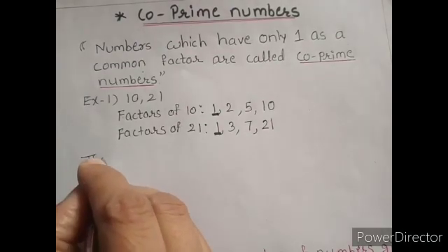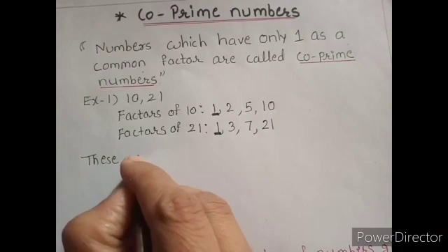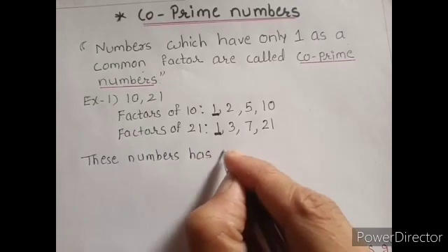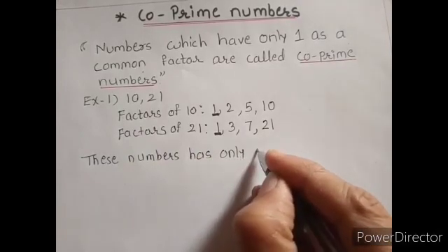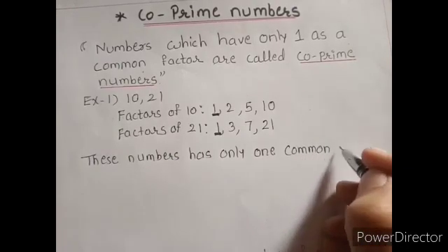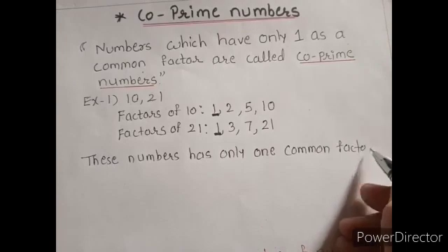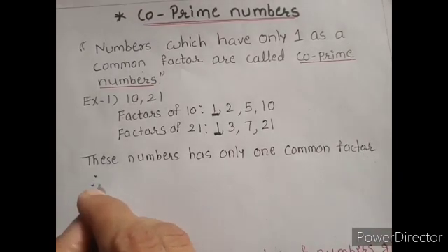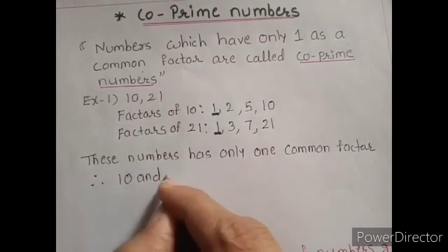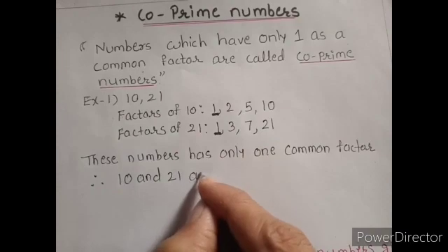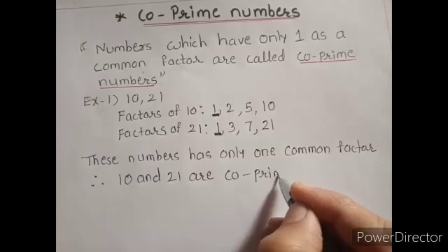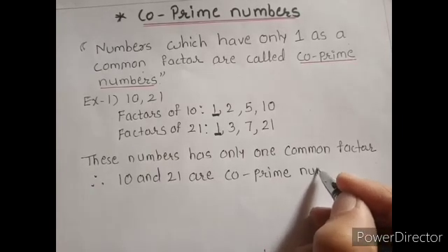These numbers have only one common factor. So, therefore, 10 and 21 are co-prime numbers.